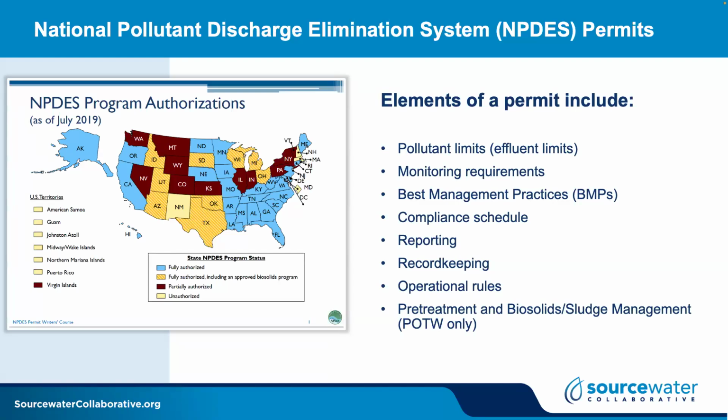Monitoring requirements are very important, as well as any best management practices, compliance schedule, reporting, record keeping, all that good administrative stuff, operational rules, as well as for publicly owned treatment works, so sewage treatment plants. Those permits are also required to have pre-treatment and biosolids management plans.